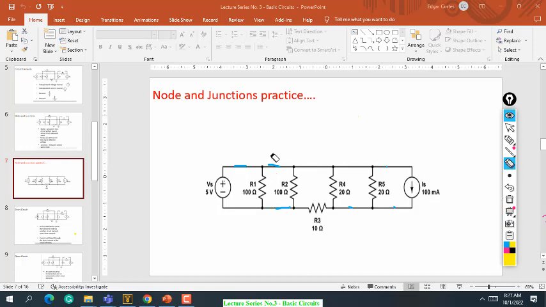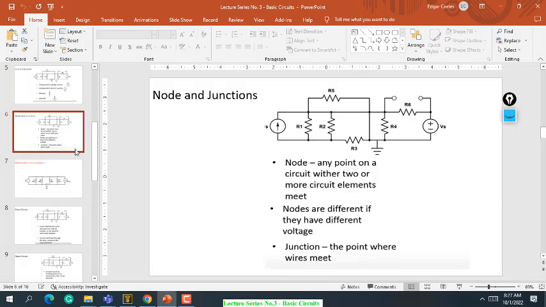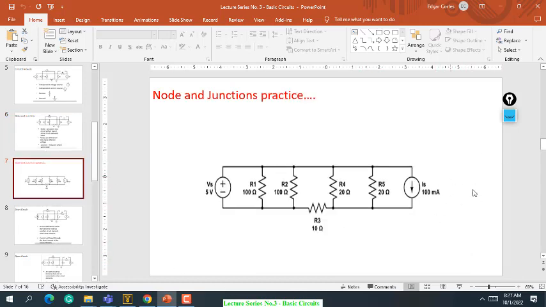Let's start with the definition of a junction, because a junction is easy. A junction is the point where wires meet. Back here, where do the wires meet? We have a lot of junctions. I'll be using pink.